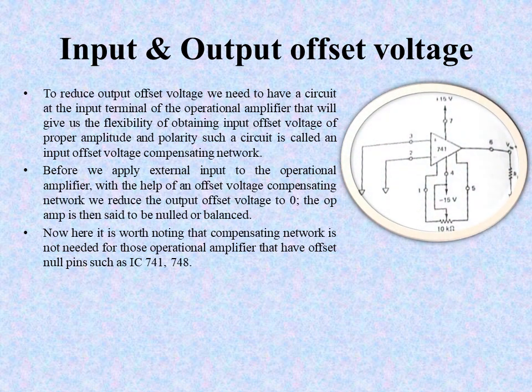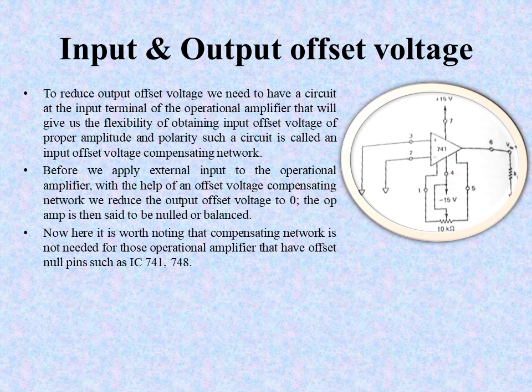So here in the figure 741 is being shown. You can see here between pin 1 and pin 5 a potentiometer of 10 kilo ohms is applied, and its wiper is connected to pin number 4.